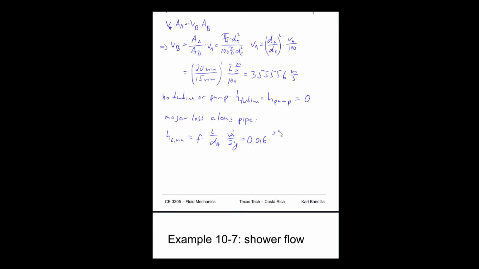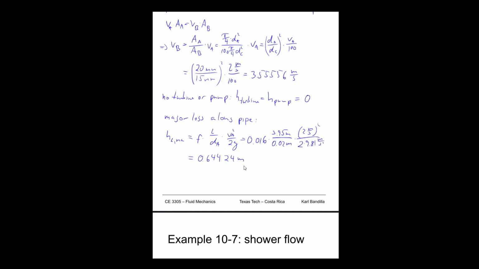Times 3.95 meters divided by the diameter, that was 20 millimeters, 0.02 meters. Our VA was 2 meters per second. That's the flow coming in, squared, over 2 times 9.81 meters per second squared. That gives me 0.64424 meters. That'd be our major loss.